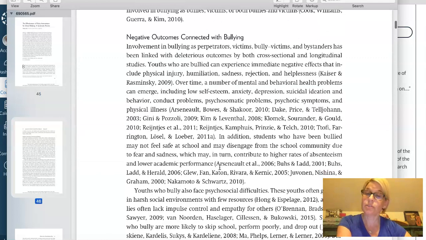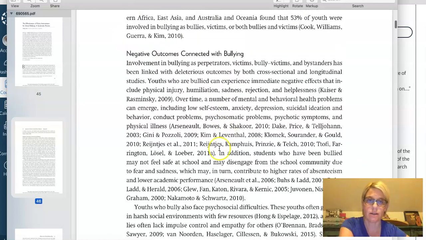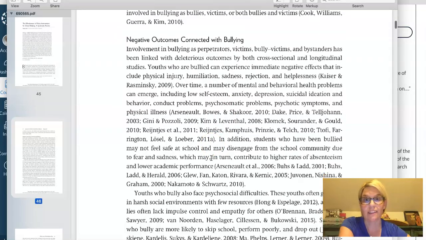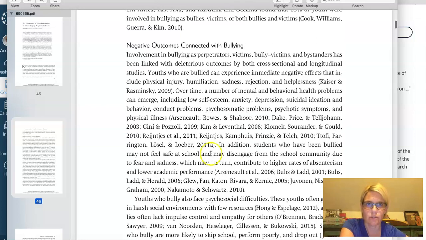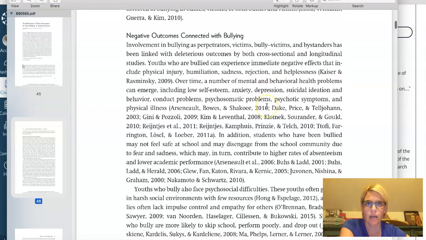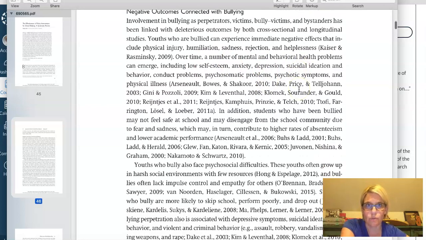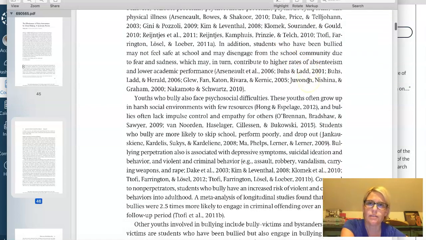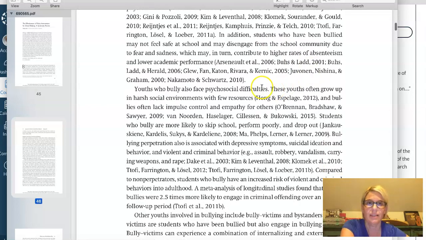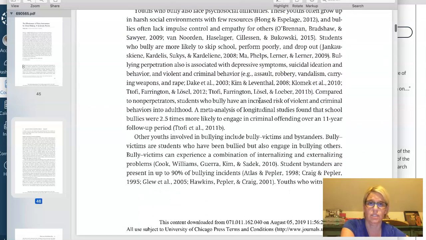Then they go on to talk about the negative outcomes. So not only is it widespread and it affects so many people, they have 3 paragraphs here where they're talking about the negative outcomes. There's the physical piece, mental, behavioral problems. They disengage. They have higher rates of absenteeism. They have psychosocial difficulties.